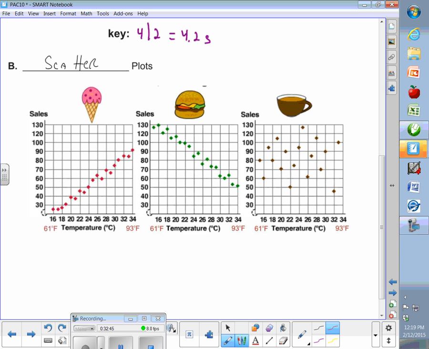By the way, it's in Celsius, so I converted it to Fahrenheit for you, because Celsius doesn't mean much to us. 16 degrees is 61 Fahrenheit, and 34 Celsius is 93 Fahrenheit. But it's trying to show you that the sales will increase as the temperature increases. When it's 61 degrees, not too many people are buying ice cream. But get it up to 93, and you get a whole lot more.